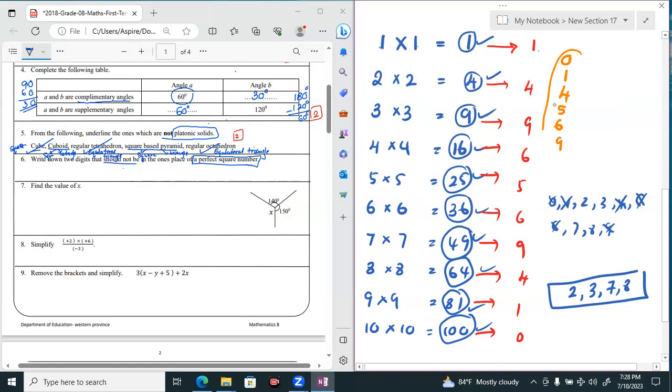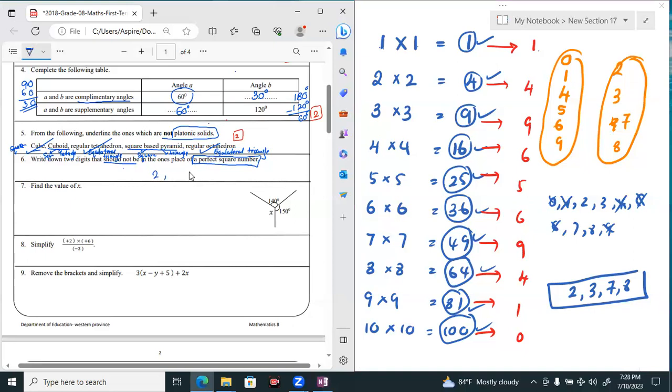There are 6 digits that can be in the ones place of a perfect square. And ඔක්කොම මේ 10යිනේ. There are 4 digits that cannot be in the perfect square. Then you should have written 2, 3, 7, 8. 2 out of these 4. මේ හතරෙන් දෙකක් ලියලා තිබ්බනම් ඇති. පැහැදිලිද ඔයාලට?